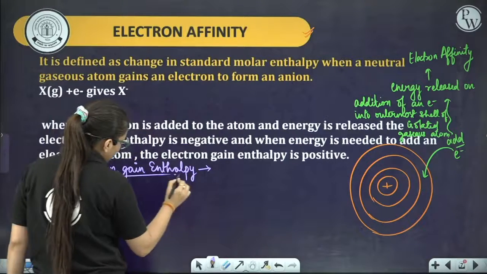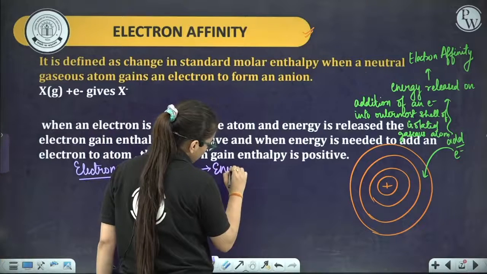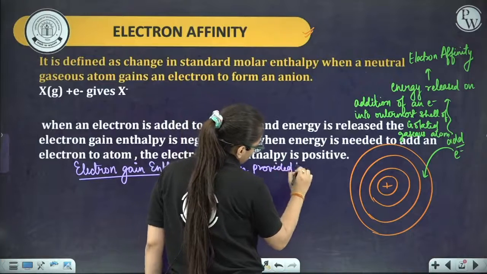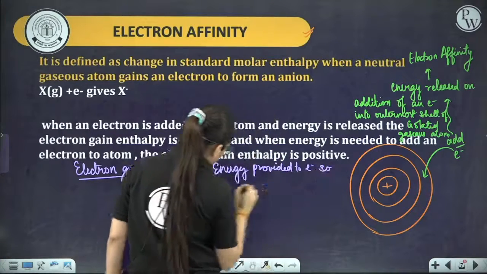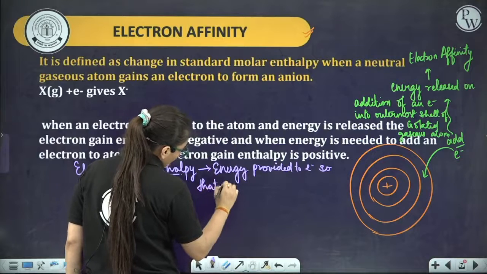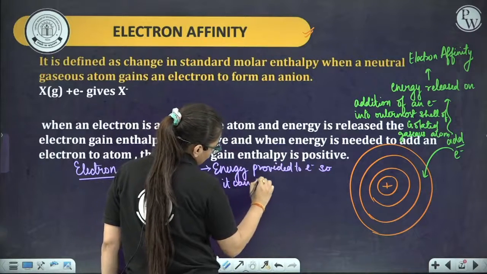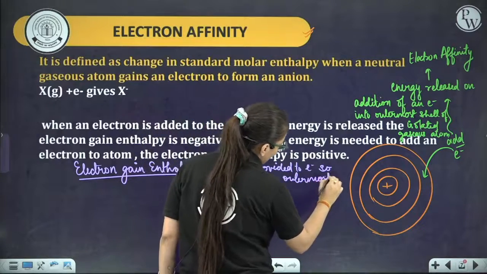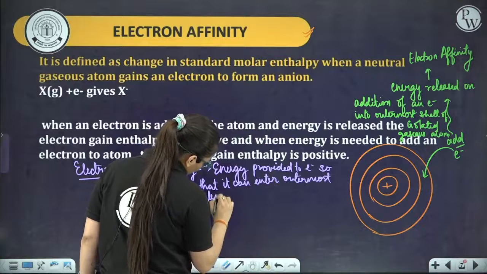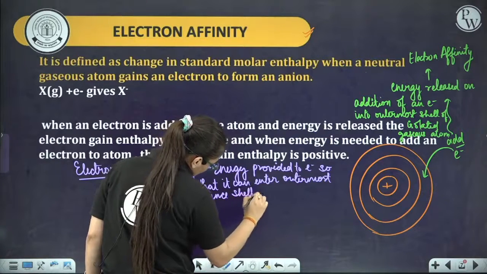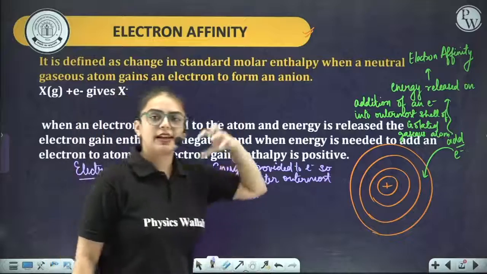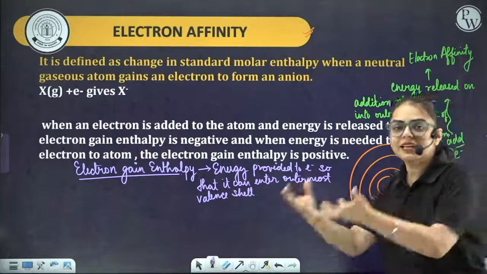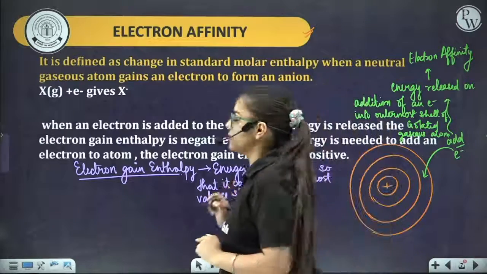So electron gain enthalpy is energy provided to the electron so that it can enter the outermost valence shell, right? That is basically when an electron is added, energy released. That is electron affinity. But this is something when you are providing energy to the electron so that it can enter. That is electron gain enthalpy.